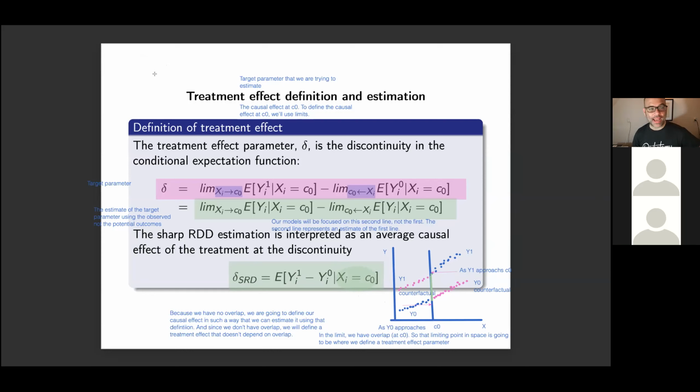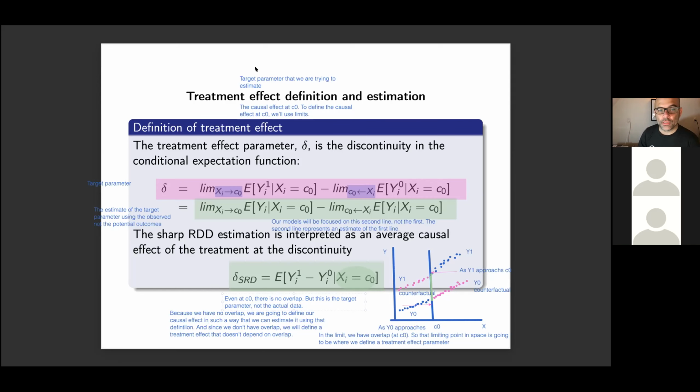Technically, remember, even at C0 there is no overlap. But this is the target parameter, not the actual data.